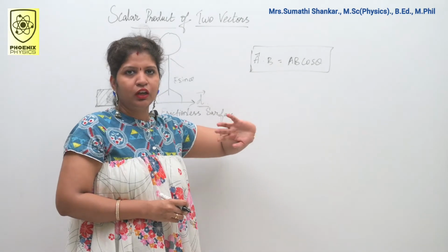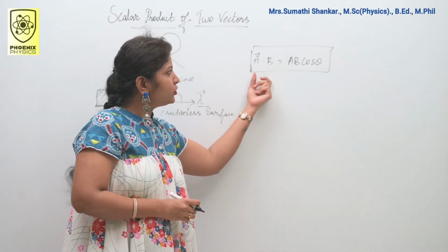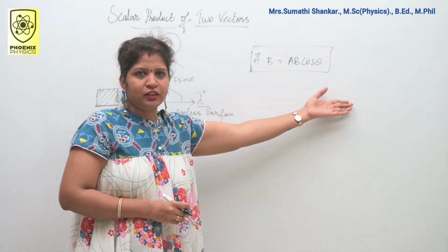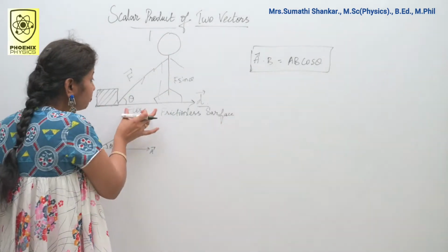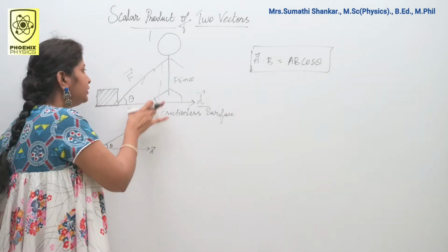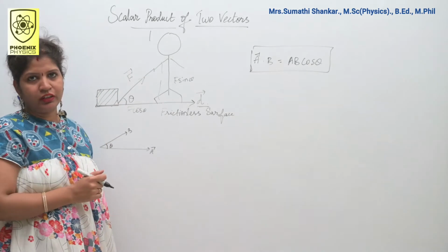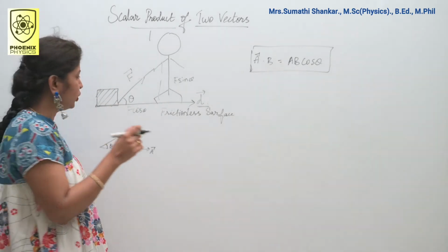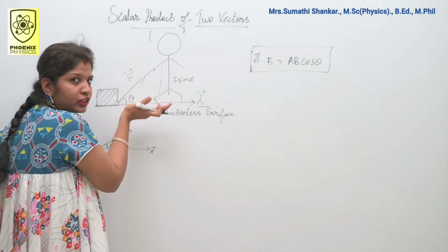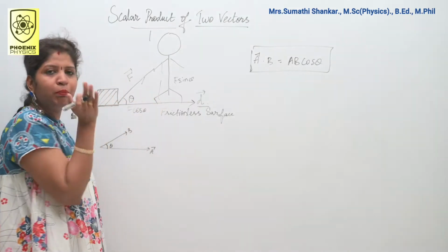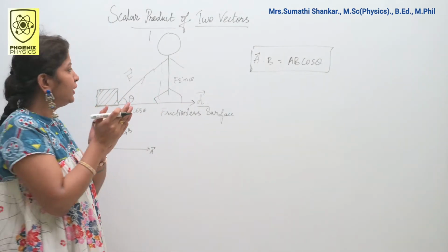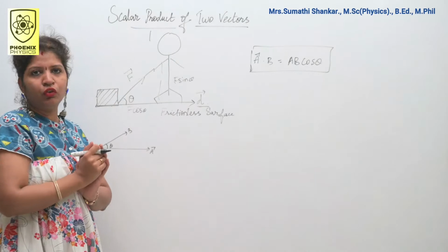Up to this clear? So A dot B is equal to AB cos theta. And this part is less than the actual force vector. This is an important one. This part, that is the F cos theta part, is less than that of the actual force vector.